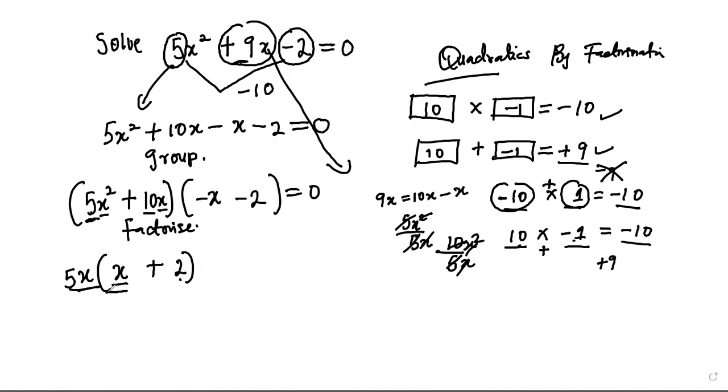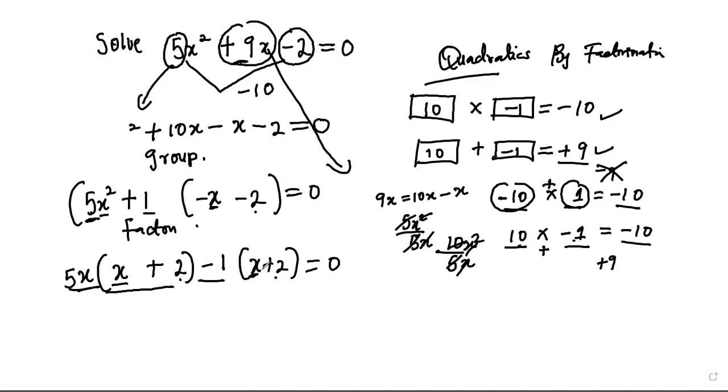Then whatever you have in the first factor, you just have to leave a space and copy it there. Then you go back to the space and ask yourself, what value will you put here such that when you multiply it with x, you get minus x, and when you multiply it with 2, you get minus 2? What could be that value? The value is just minus 1, right?